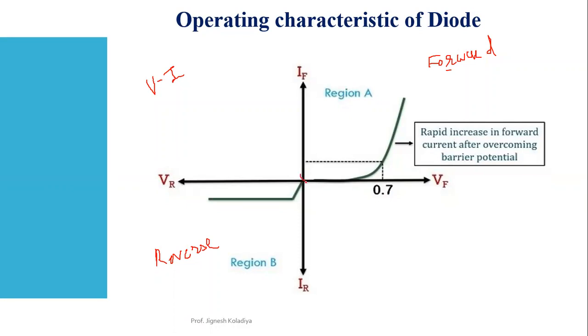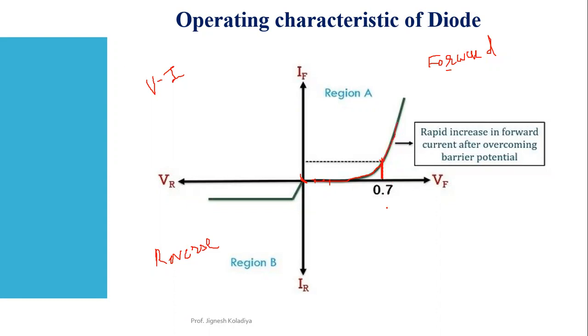So you can see on the forward side, right now consider the silicon diode. As you are increasing the voltage level, 0.1, 0.2, 0.3, there is a small amount of current, as the width of the depletion region is reduced. This current is increased slightly up to 0.7, but after this the change in current is drastic.